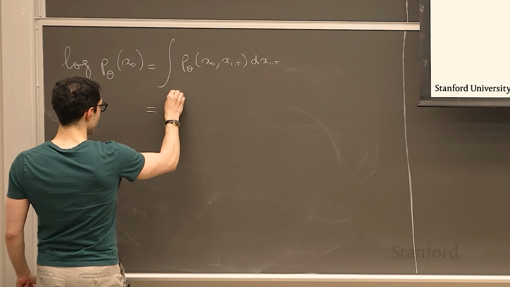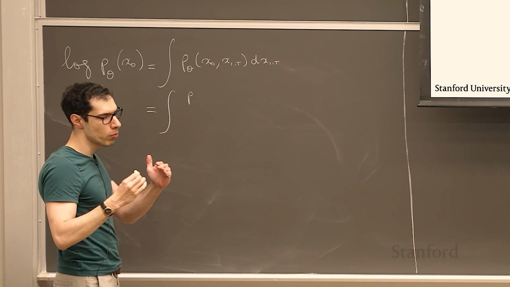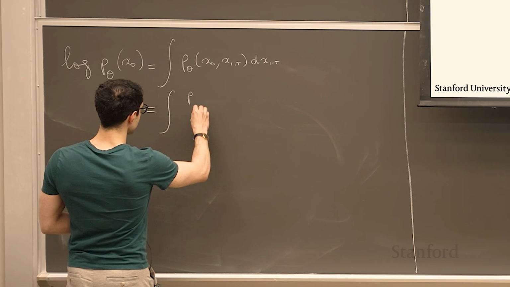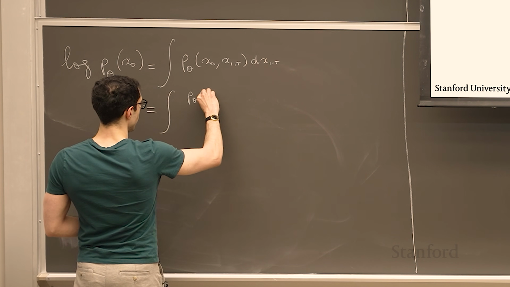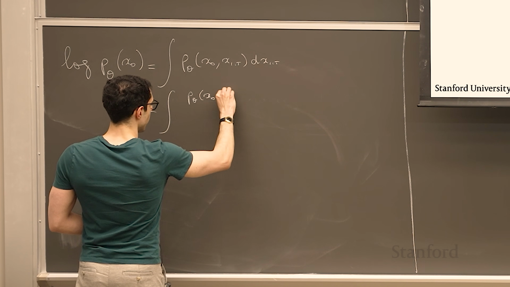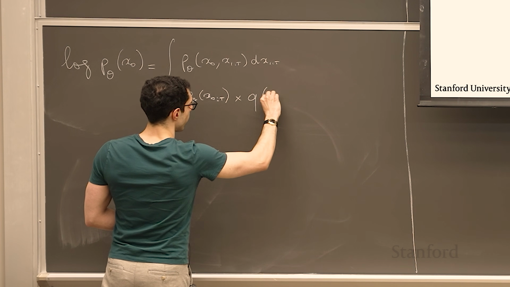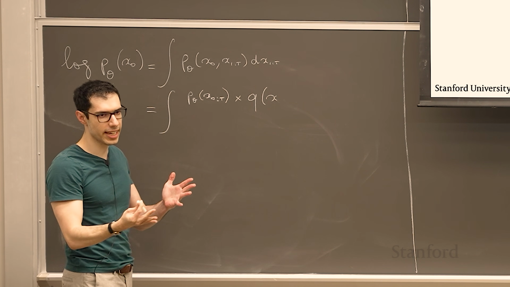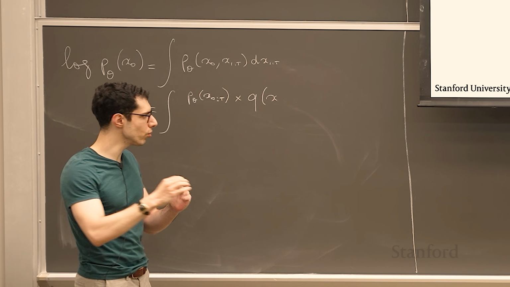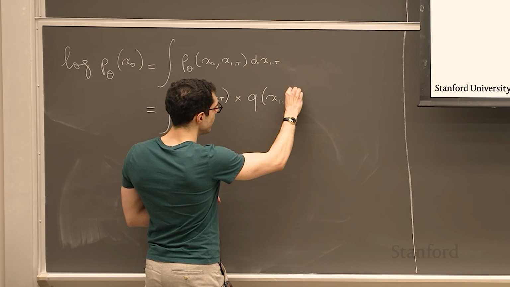So, very common trick, what I'm going to do is to multiply the numerator and the denominator by that quantity. So I'm going to do this one times Q of, given a clean image, what is the trajectory that is given by Q? So it's Q of x1 to xt given your clean image.